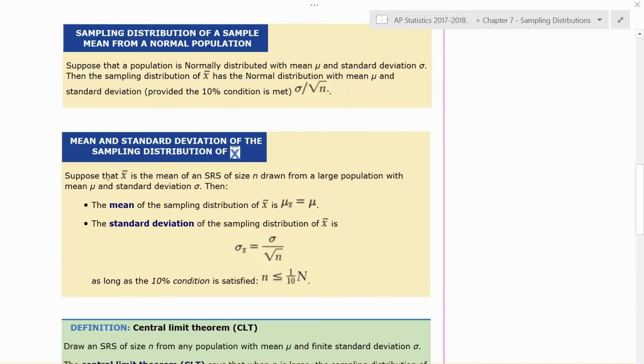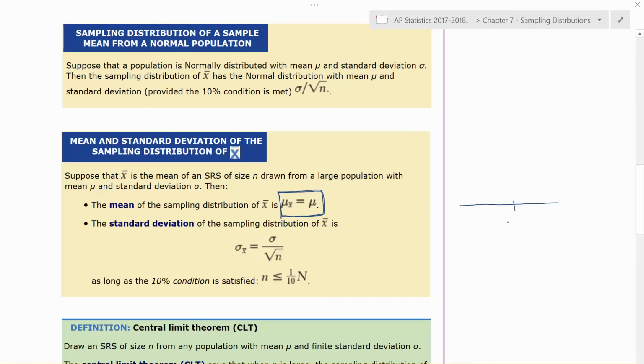So we take a sample, we find the mean, call that x bar. The sample size is n, drawn from a large population with mean and standard deviation. Then we can say that the mean of the sampling distribution is the mean of the population. Okay, so whatever the mean of that population is, that will be right at the center of the sampling distribution.